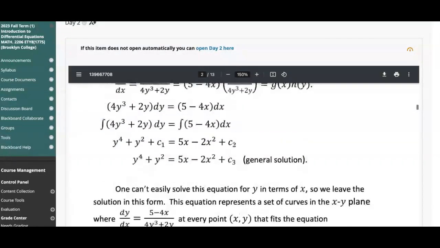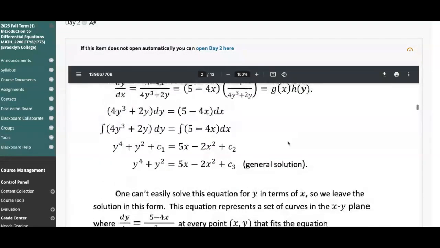So this is probably new to us. The solutions to a differential equation are not only one type.